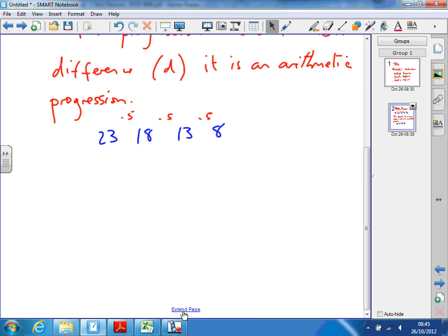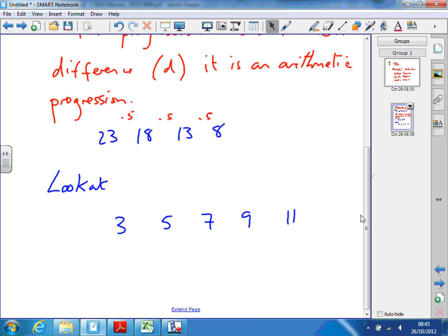So let's define some notation around these things. Let's look at this first arithmetic progression again: 3, 5, 7, 9, 11. That's called the first term in the series.